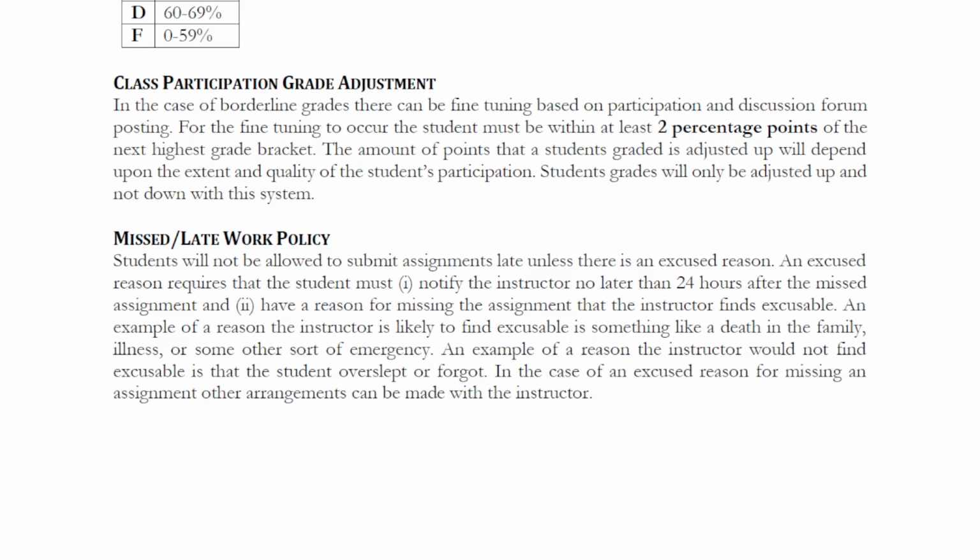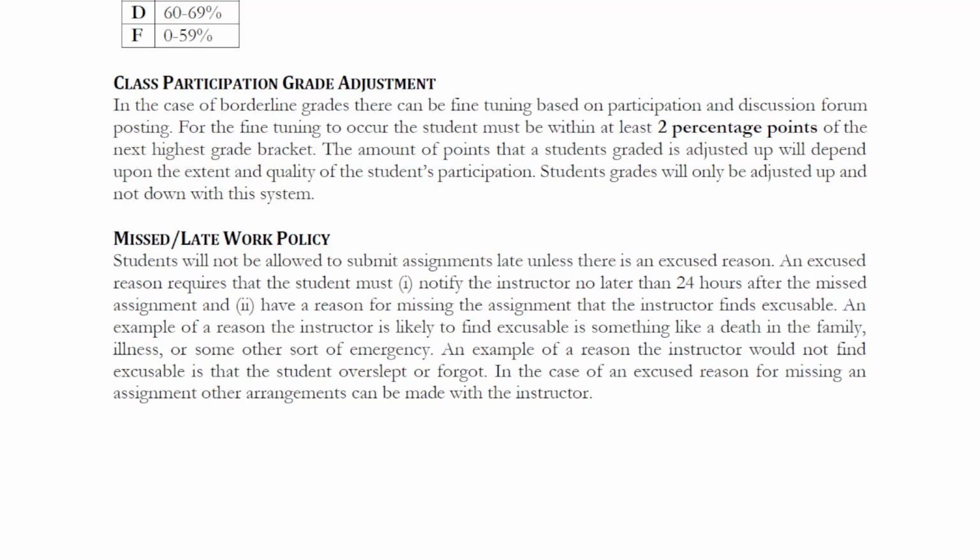What participation largely refers to is your engagement in the discussion forums. If you consistently make substantive contributions to the discussions that actively seek to push the conversation forward in new and interesting ways, then you would be a prime candidate to have a borderline grade raised to the next highest level.